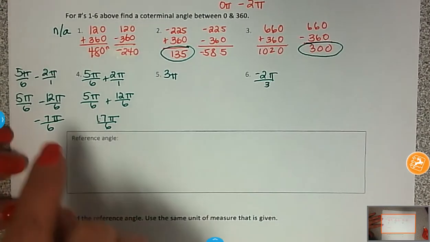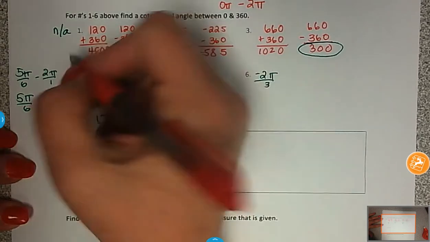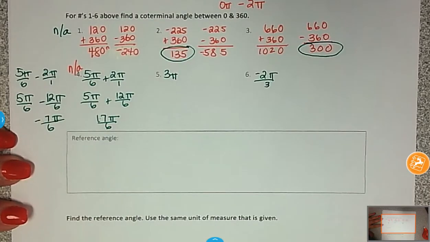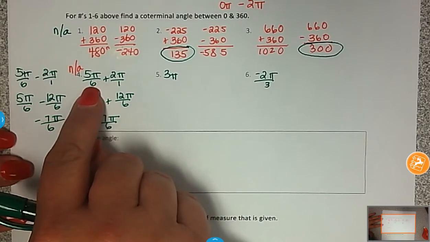So again, neither of these is between 0 and 2 pi. So this one is also an NA. It doesn't have a coterminal between 0 and 2 pi because it is between 0 and 2 pi.